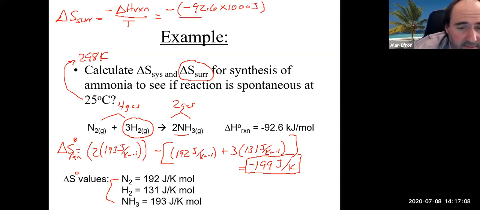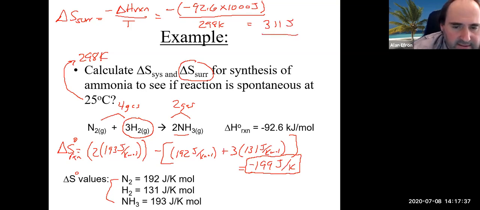You don't have to, but I'm going to do that because I'm going to need it in joules in just a second. And I'm going to divide it by 298 Kelvin in this case. And for our surroundings, we end up with, we'll call it, 311 joules in this case for the delta S of our surroundings.